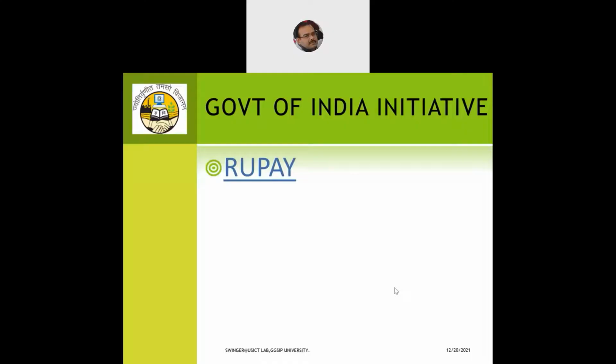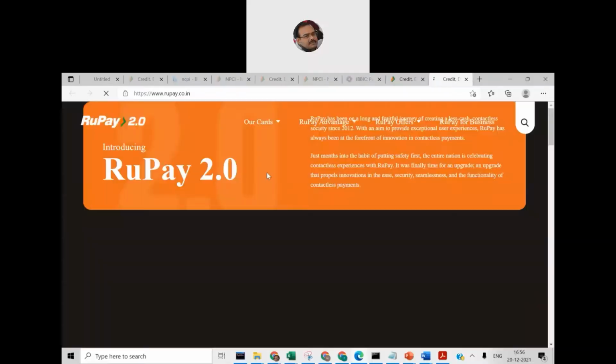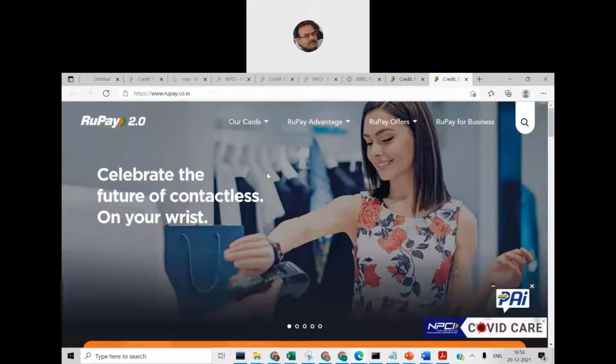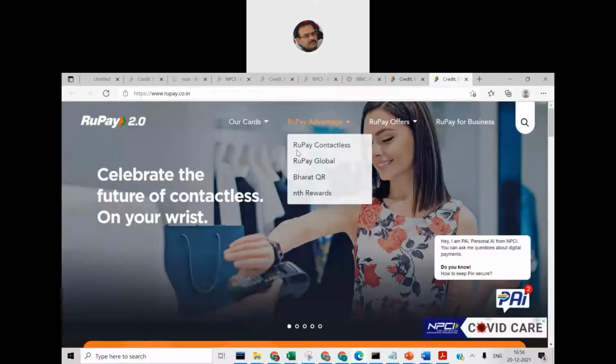Let me log off and then log in again. Okay. So we can see the Rupee measure taken by the government. Is the site visible to us? Anyone can say yes. Yes, sir.